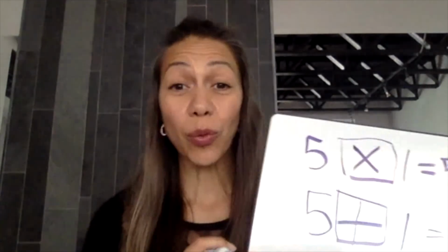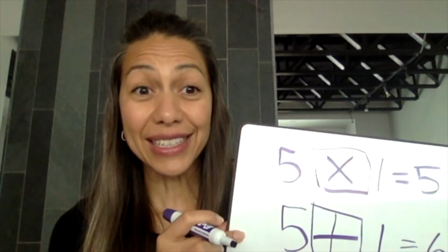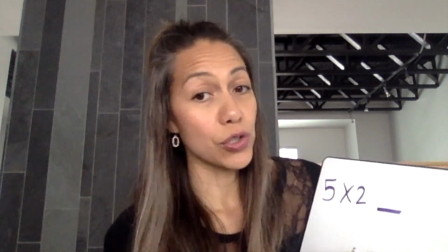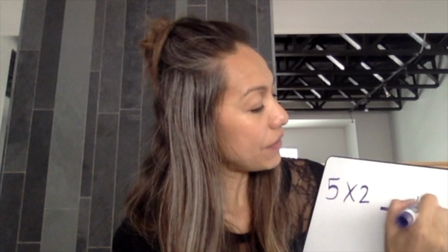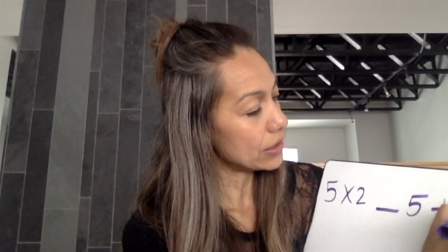All right, now we're going to compare multiplication with addition. I'm going to erase these over here, and I am going to write 5 multiplied by 2, and I'm going to compare it to 5 plus 2.